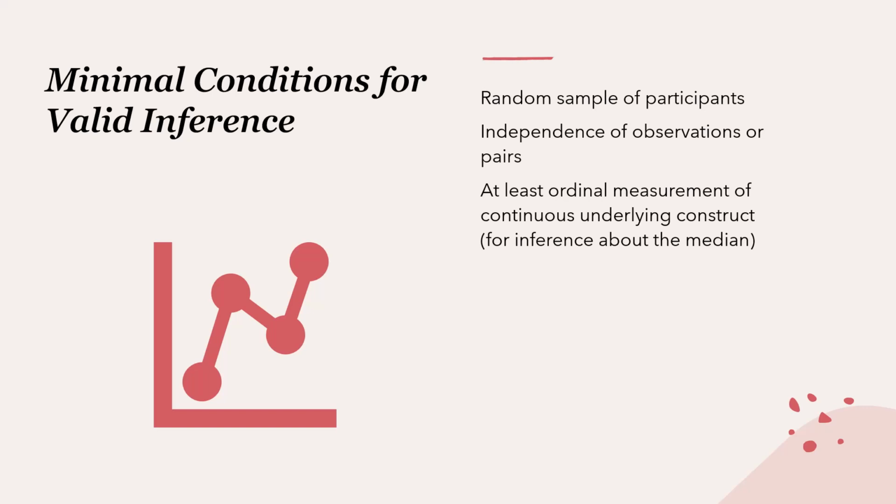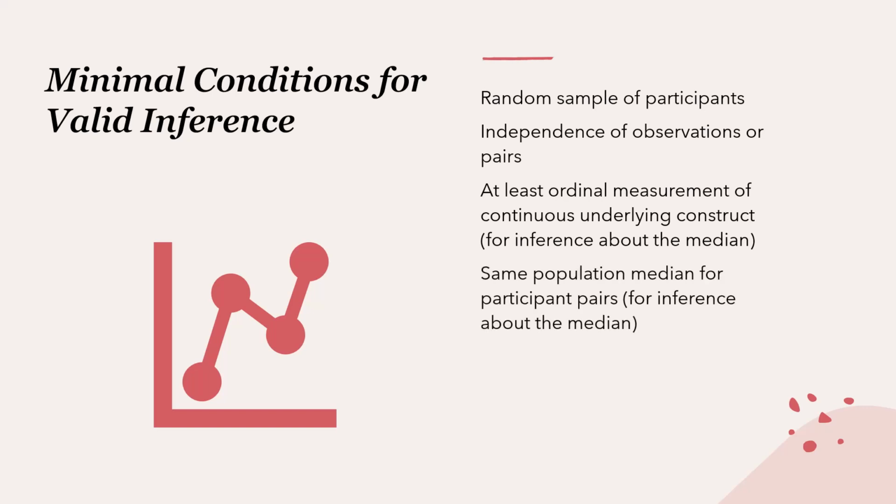If we want to estimate the effectiveness of a treatment by using a matched pair design, we need to have the same population median for all of the participant pairs for inference about the median. As I discussed in a previous video when I presented this condition, it really is not a more strict condition because we commonly assume that we're drawing all the participants in our study from a single population.